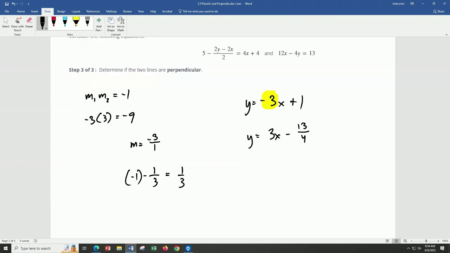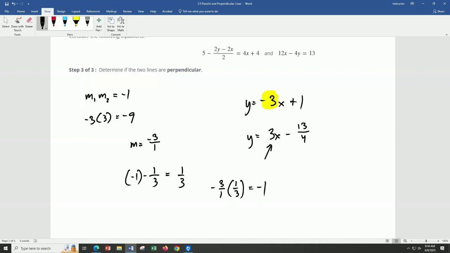That would be the perpendicular slope this guy would need to be perpendicular. And I can check the math of that because negative 3 over 1 times 1 over 3 will equal negative 1.